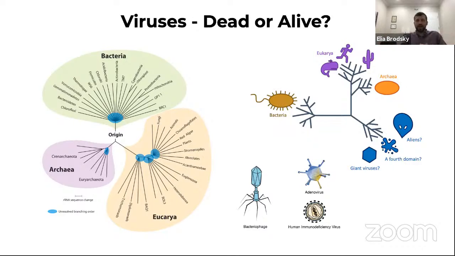So they're certainly not alive in the classical sense because they're not capable of metabolizing or replicating on their own. But at the same time, we cannot just classify them as inanimate, because they are built of biological molecules and contain genetic information. And so we see that they are in between kind of being alive and dead. And that problem is changing the way that we think of life in general.